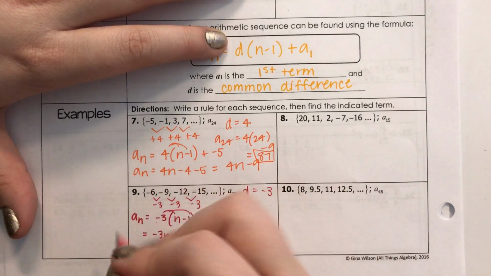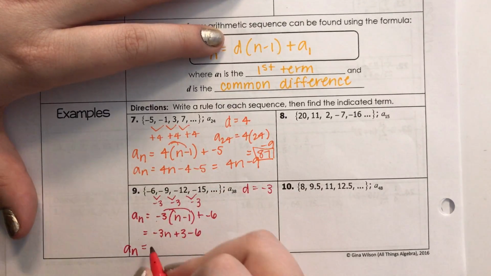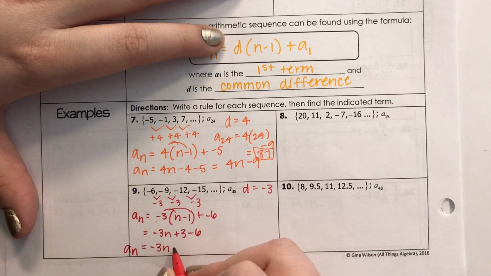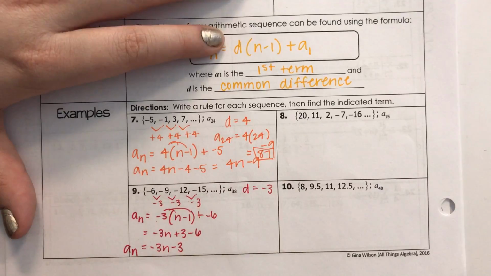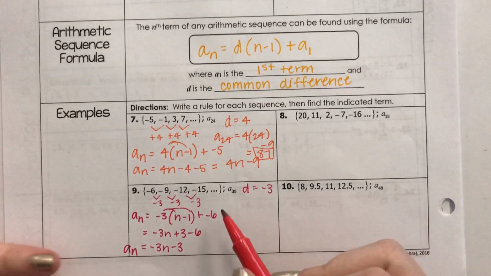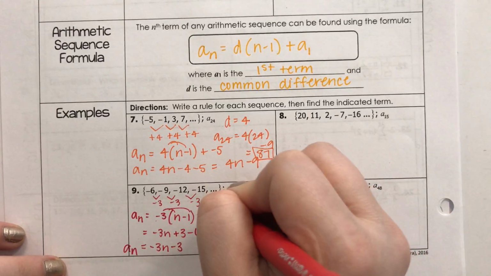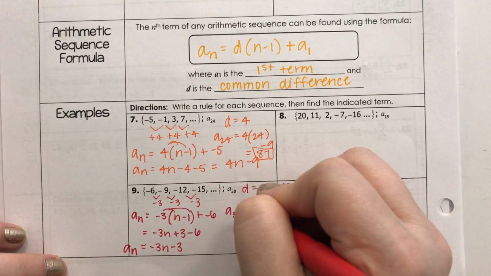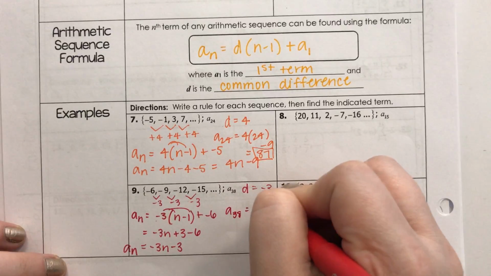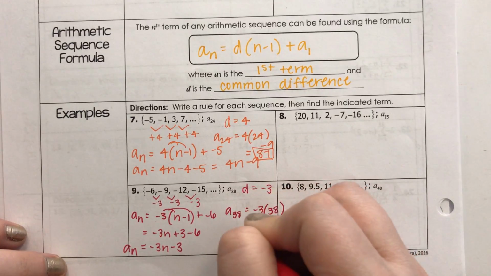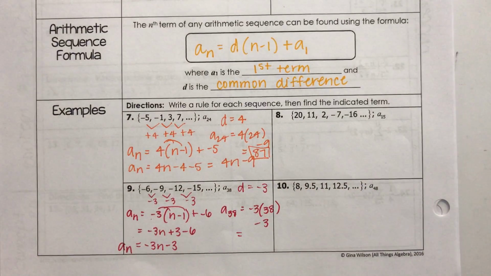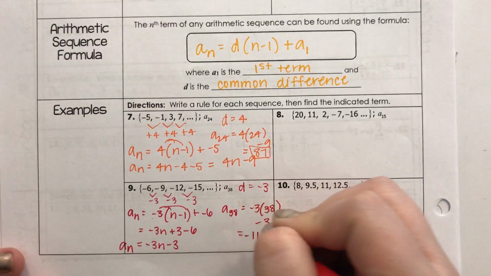So a sub n equals negative 3n minus 3, because 3 minus 6 is negative 3. To find the 38th term, we just plug in 38. So a sub 38 equals negative 3 times 38 minus 3. What's negative 3 times 38? It's negative 114, minus 3 is negative 117.